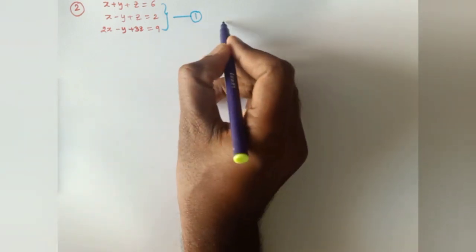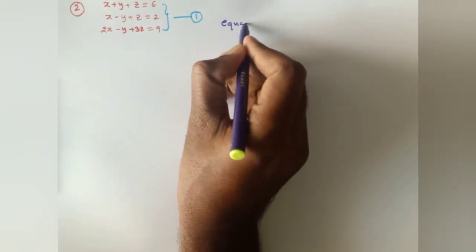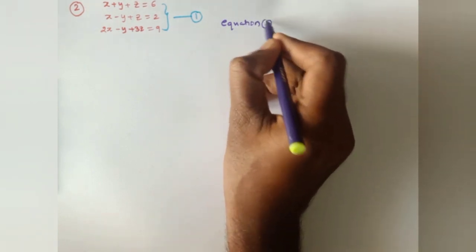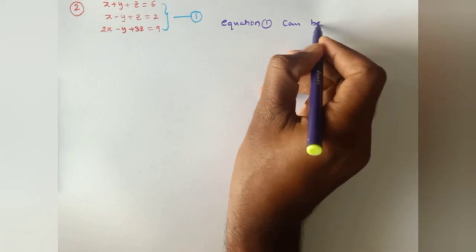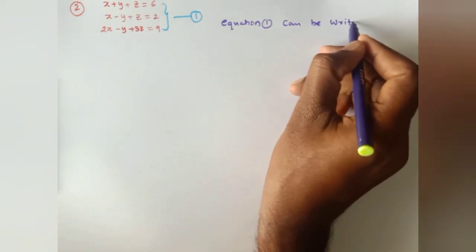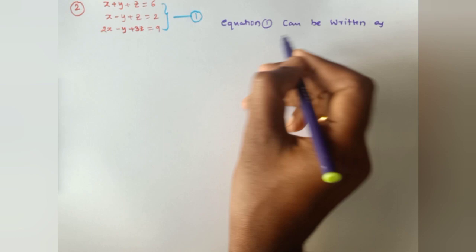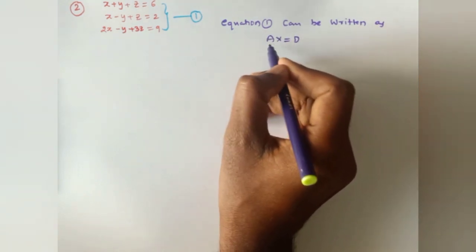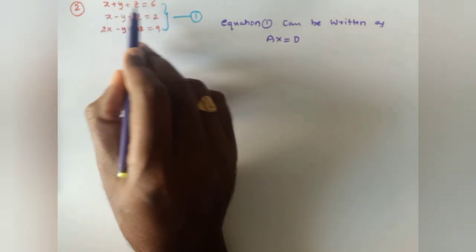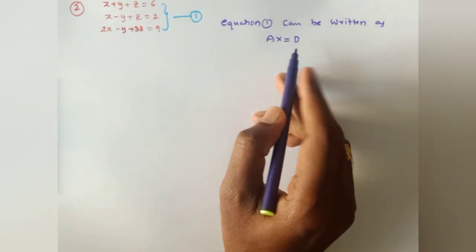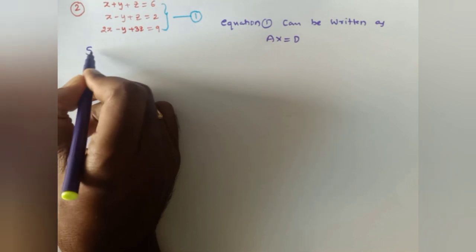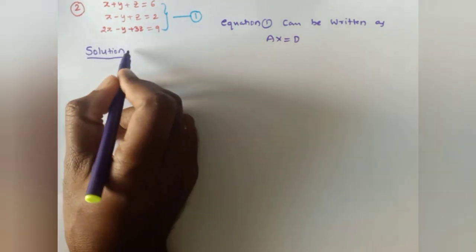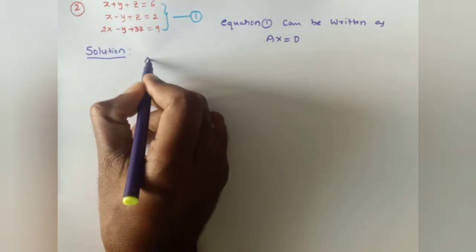Here we know equation 1 can be written as a matrix equation, right? Equation 1 can be expressed as AX equals D, a matrix equation. And you know what A, X and D are. A is the coefficient matrix, X is the variable matrix, and D is the constant matrix. Here no need to write AX = D; I'm writing directly the AD matrix.